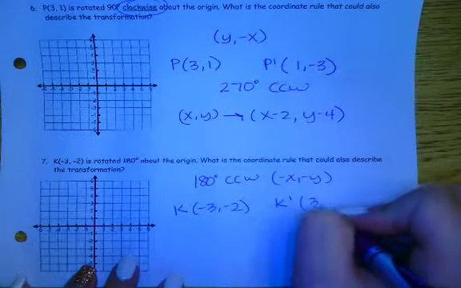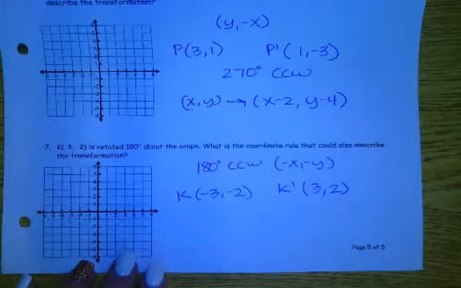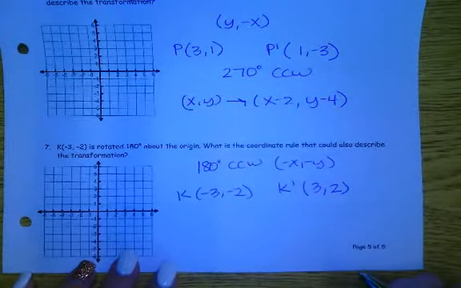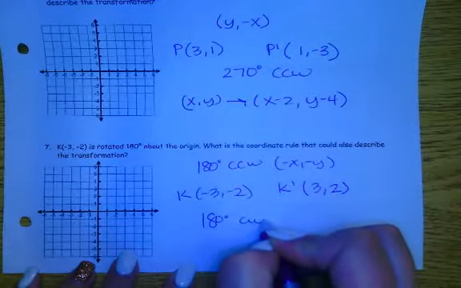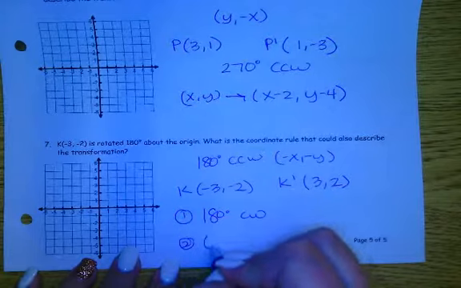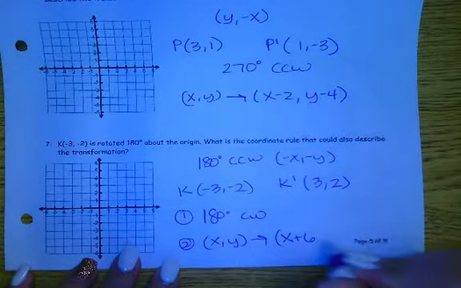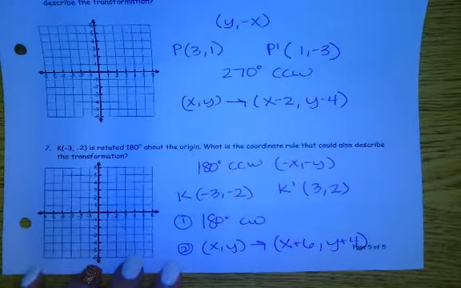What's another way that we could get there? 180 degrees clockwise, but what else? Translation how? Make sure you write it in the right order. Left and right goes first with your x coordinate, up and down goes second with your y. Okay? Question.